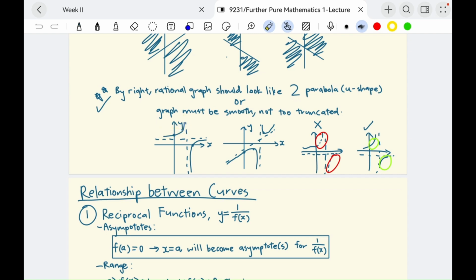Although it's not perfectly smooth, your hand must sketch it steadily, to ensure that your graph doesn't seem truncated. What does truncated mean? This means that your graph shows a dashed line, or an imbalanced curve, or the curve is not smooth, in other words.